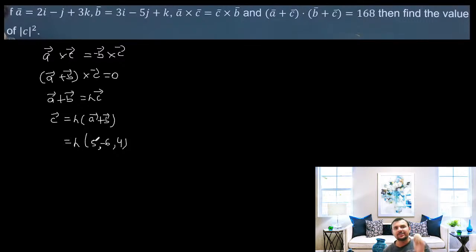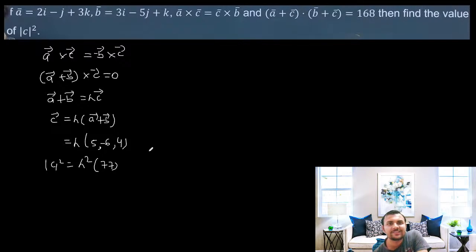A vector plus C vector into B vector plus C vector is 168. So we can simply say that mod C whole square is lambda square times 25 plus 16, 41, 41 plus 36, 77. So we have to find the value of lambda.